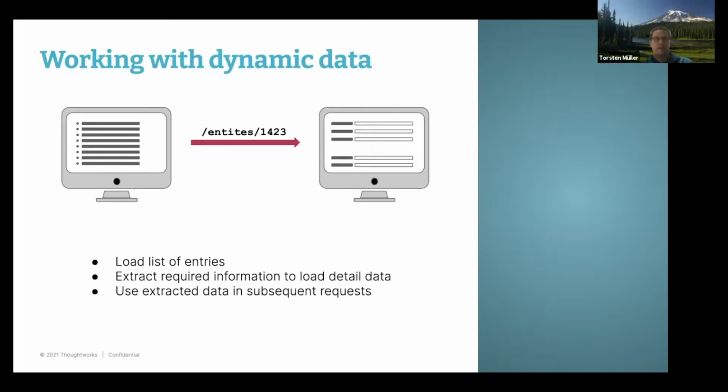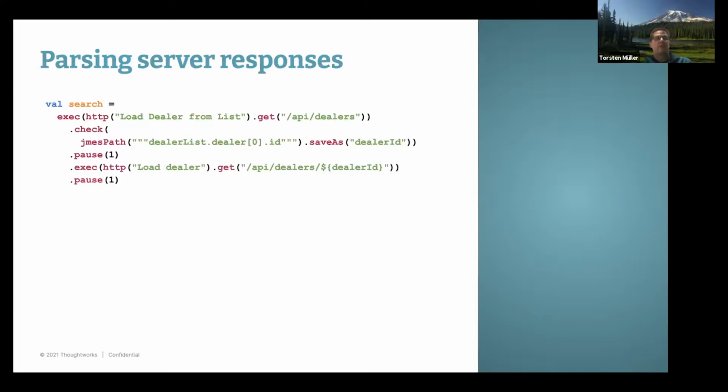And for that, Gatling provides something called checks. So here's how they would be used. A lot of this should be looking familiar already. This is how we do it with the API. So here we execute our request. And once that request is back, we're putting in a check on this request.